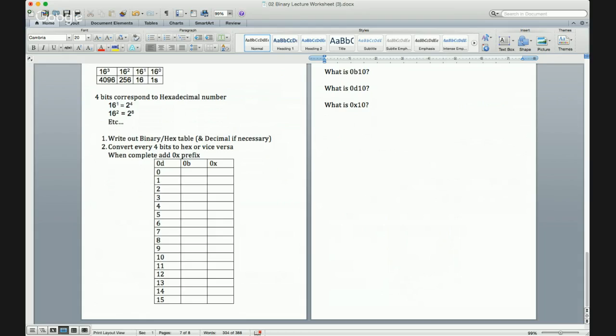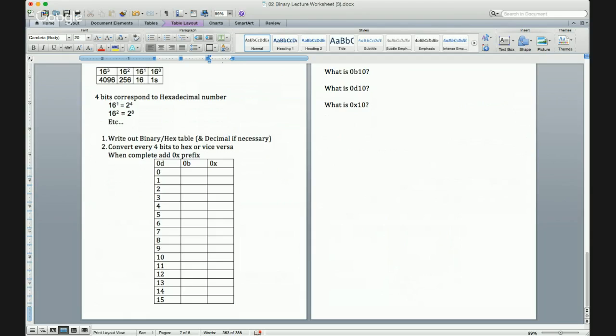Why? Because then we're dividing by 16 or multiplying, or looking for the largest multiple. How many 16s are there in a particular number? And of course we can do that. But quite often it's easier to go decimal to binary and then binary to hexadecimal, because going between binary and hexadecimal is straightforward. So let me show you how, and then I'll show you why this works.